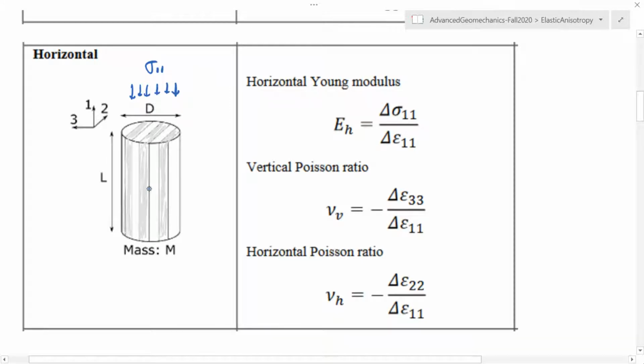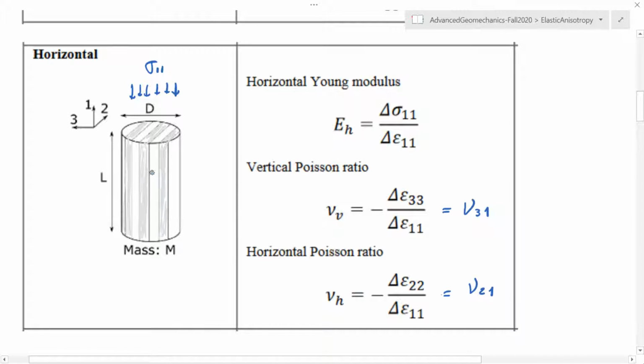You would expect the expansion in direction 3, which now is Poisson ratio 3,1, or we're going to see it's equal to this vertical Poisson ratio, to be different than the expansion in direction 2. And this is Poisson ratio 2,1.